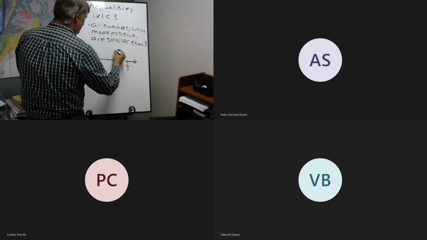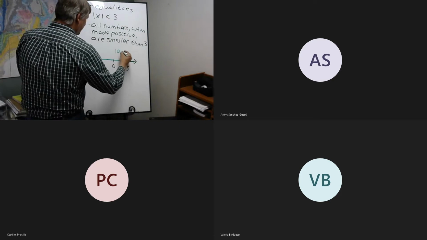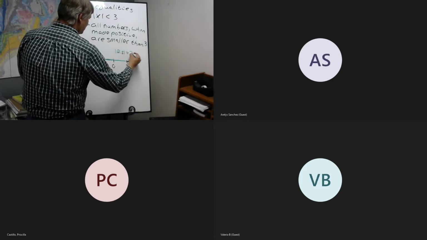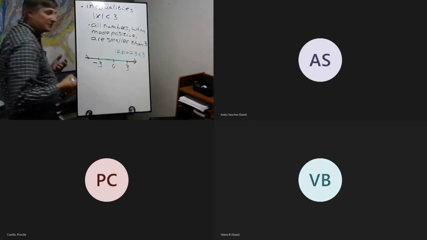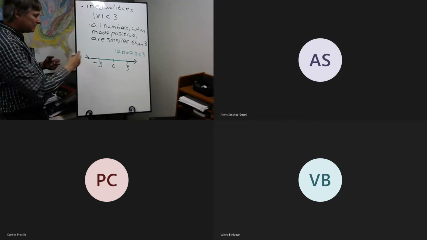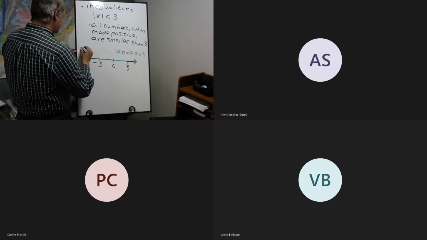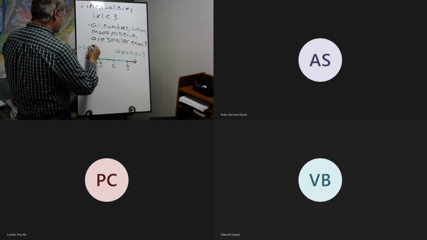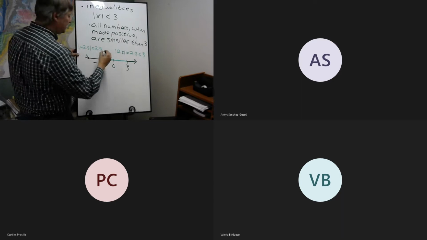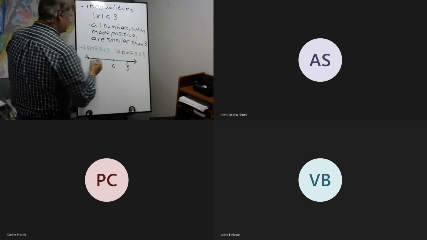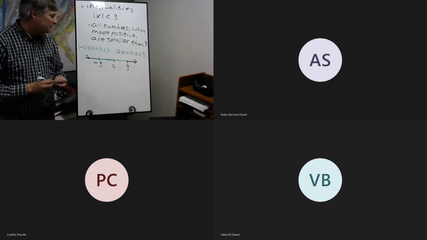So like the absolute value of 2.5 is less than 3. But same thing on this side. Negative 2.5 will give you 2.5, which is less than 3.